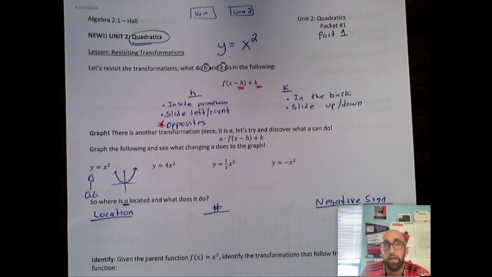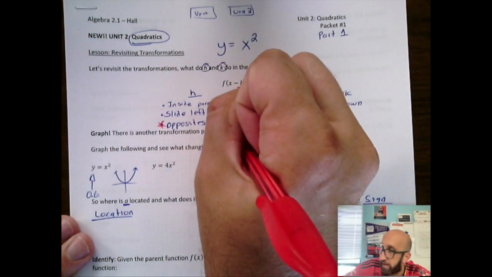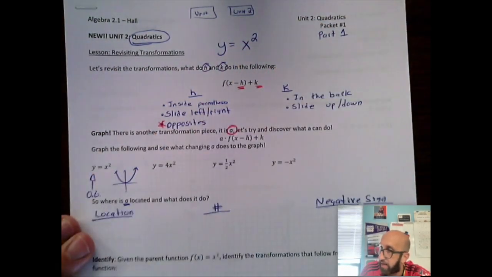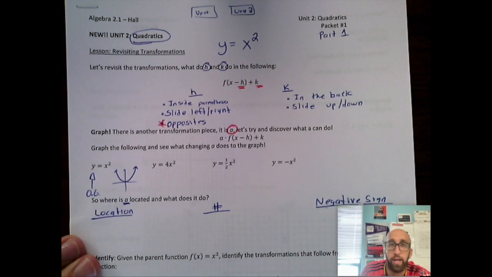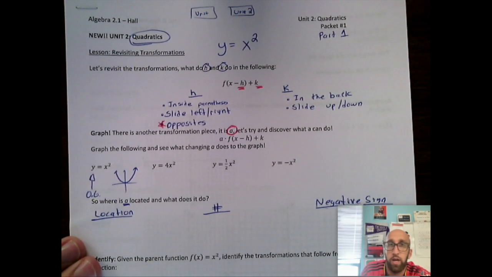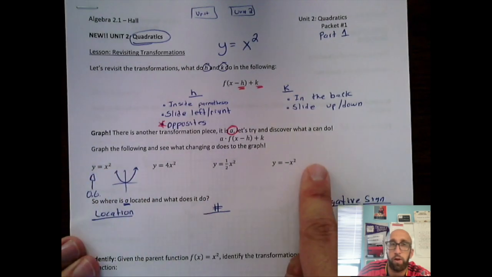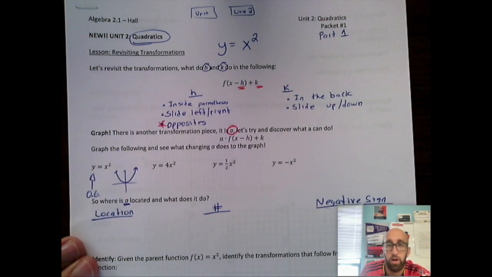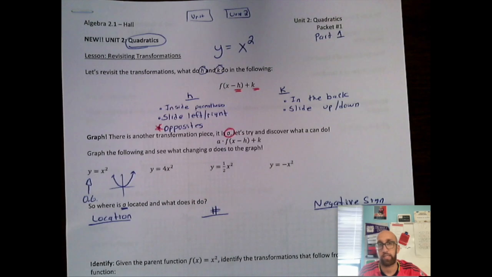So today, we're going to add on another transformation. There is another piece, and that is A. That is A. Now, before I just flat out tell you what it does, I did a little short thing on like, hey, you try and figure out what A does.